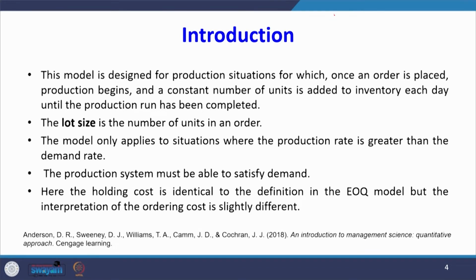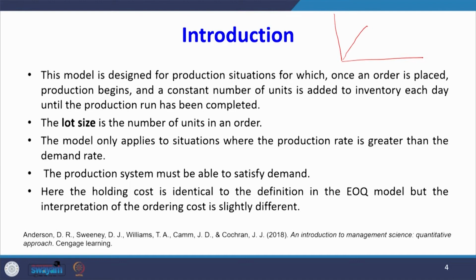So, it is like this. We receive an order, and we keep on building inventory by production. The lot size is the number of units in an order. This model only applies to situations where the production rate is greater than the demand rate. That is one assumption.